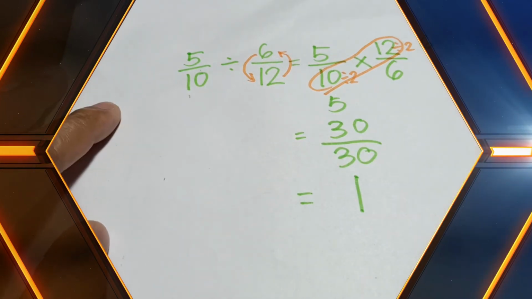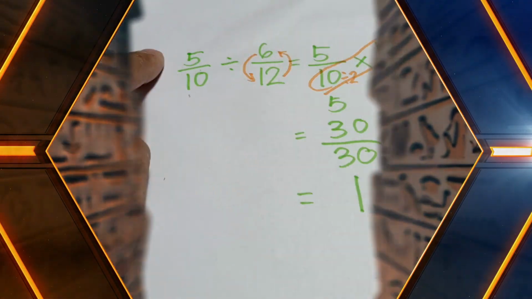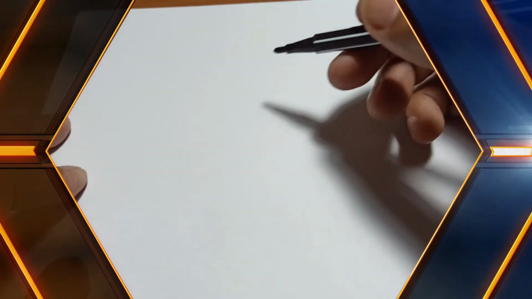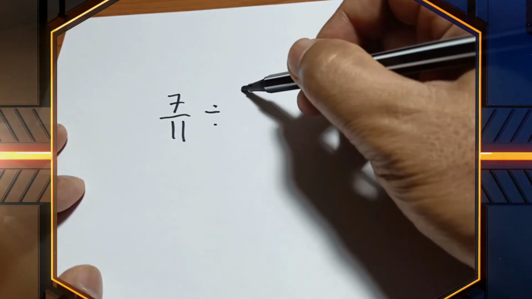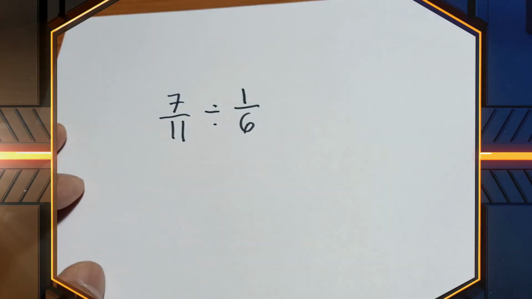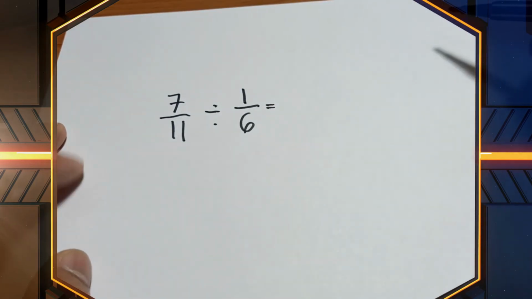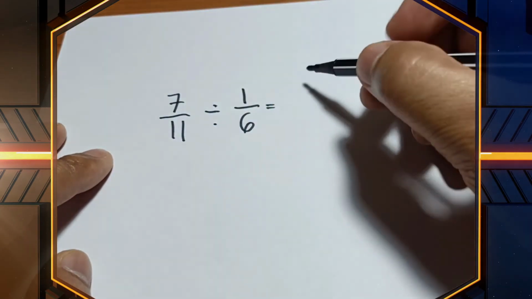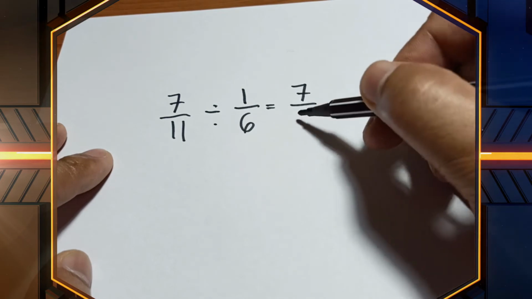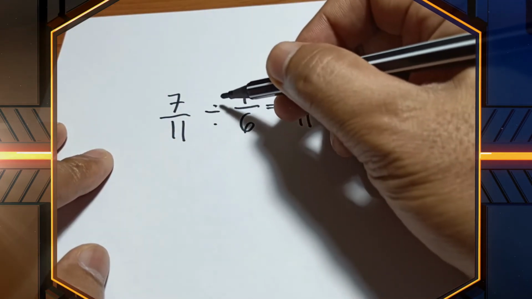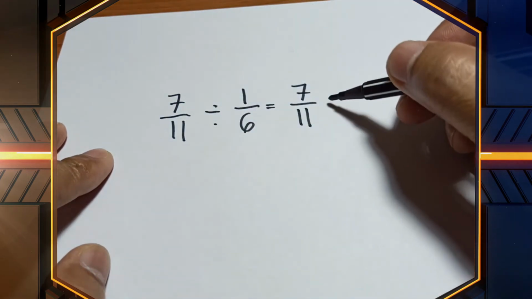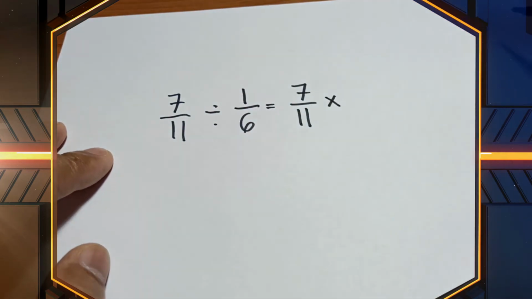For the last example for this topic, if you have 7 over 11 divided by 1 over 6. Again, what is our first step? Copy the first fraction, which is 7 over 11, then change the division operation into multiplication.